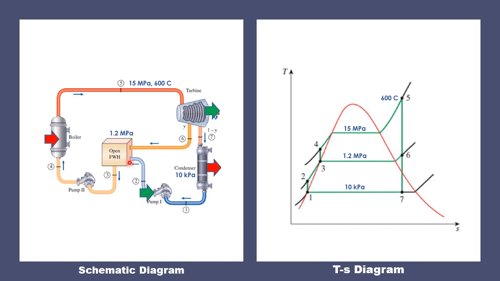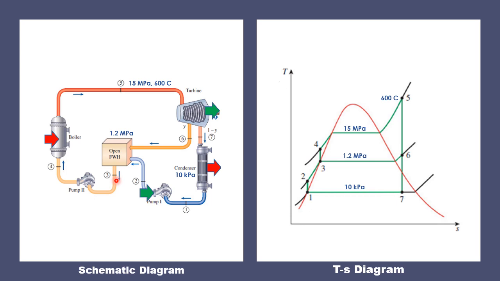As you can see here, it will mix with this Y quantity so that when they mix at point 3, the result will be the total, or the 100% of the steam that passes through to the boiler.